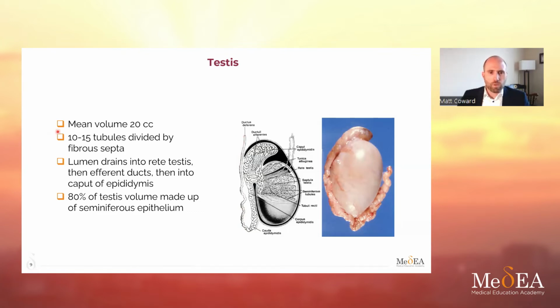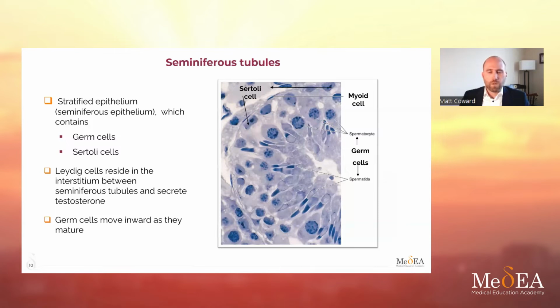80% of testis volume is made up of seminiferous epithelium. So the seminiferous tubules are a stratified epithelium, also known as seminiferous epithelium, and they contain both germ cells and Sertoli cells. The germ cells are the spermatocytes and the spermatids, and the Sertoli cells line the basement membrane.